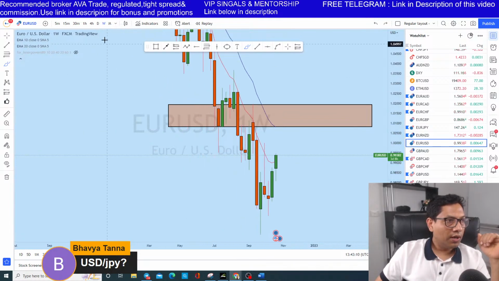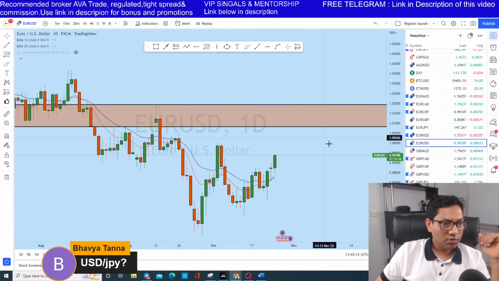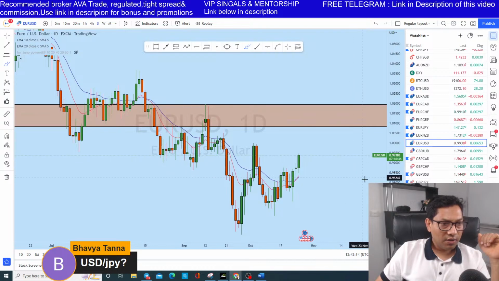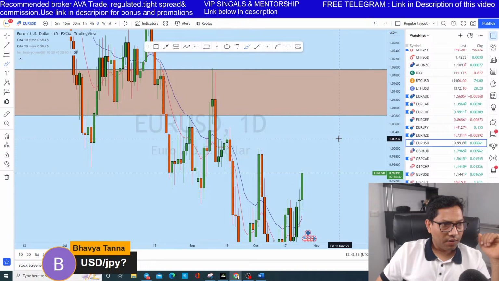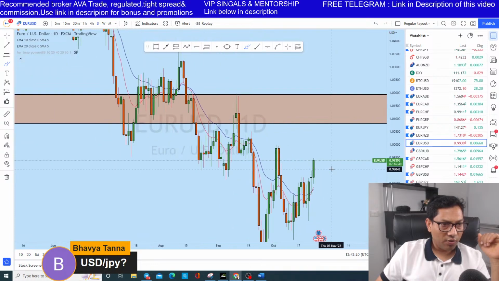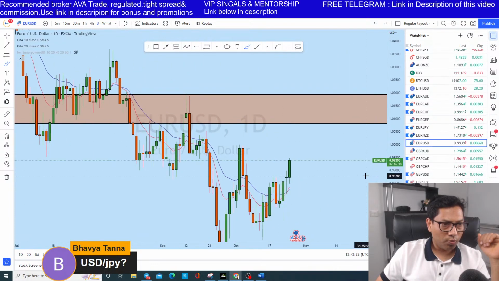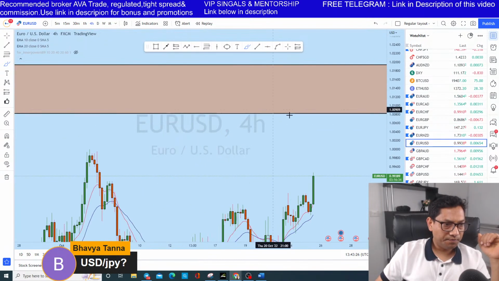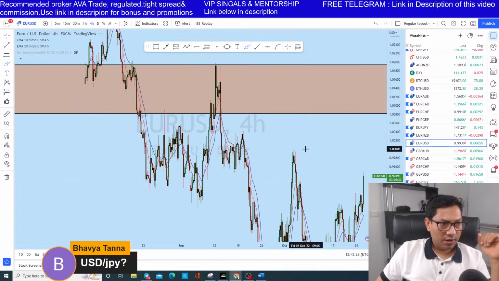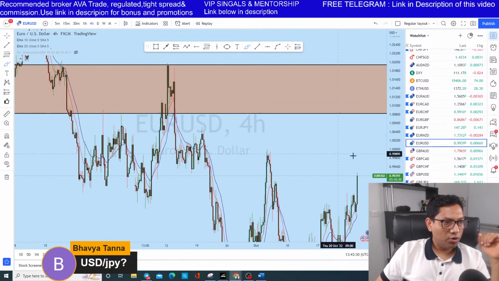So let's look at the daily now. Currently locally bullish, but I think that after creating an overextended market, we could potentially see a drop.